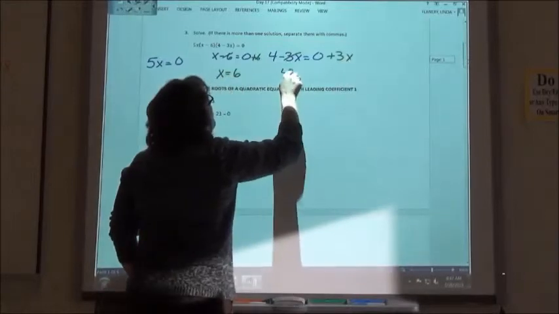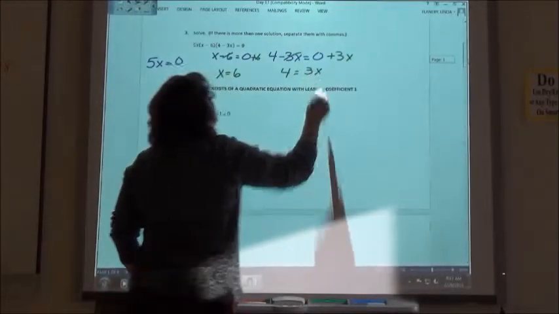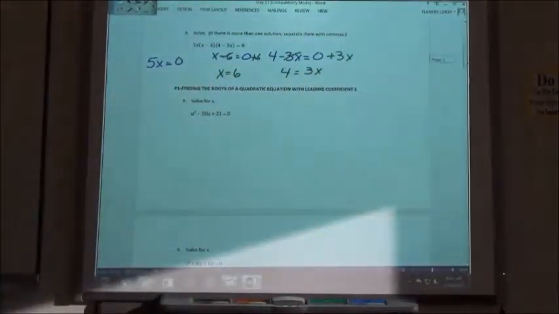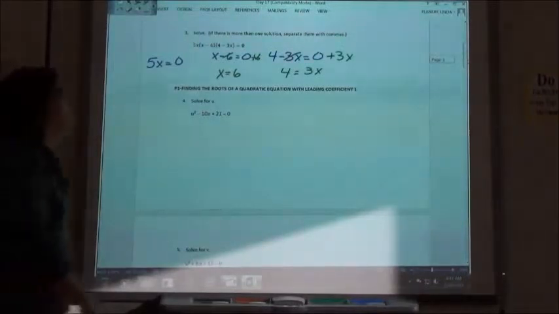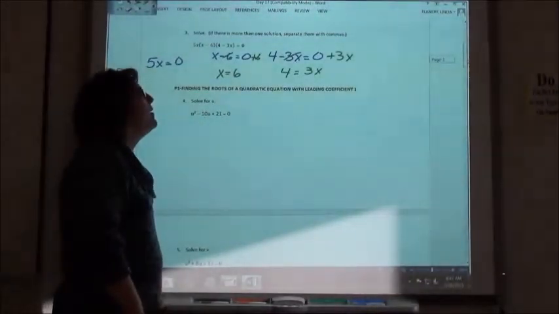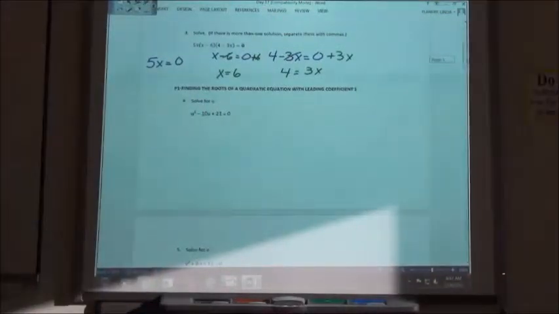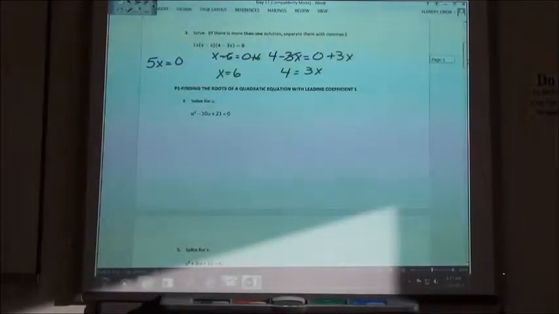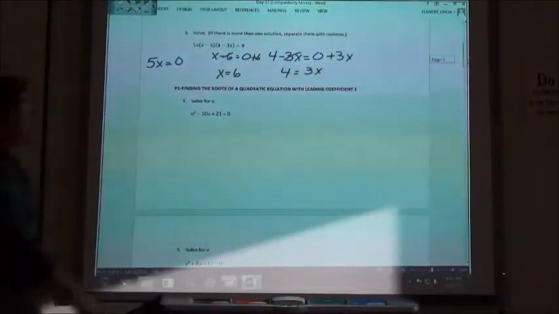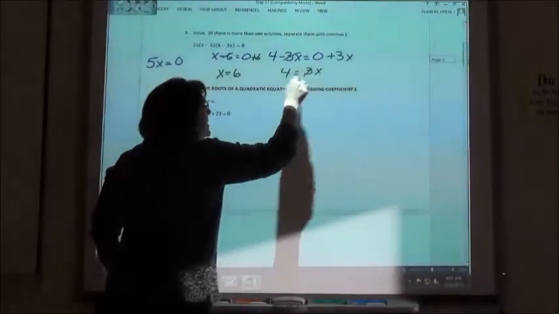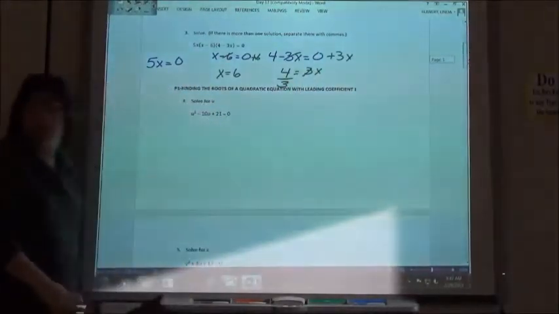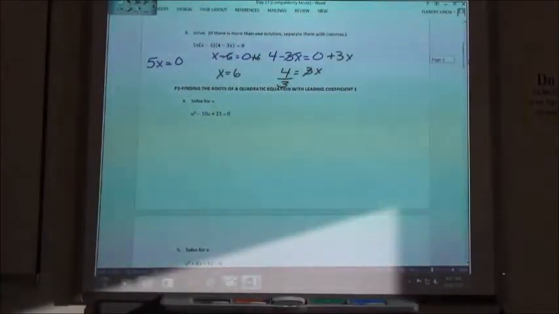So 4 equals 3x. And we divide by the 3, not the 4, because the 3 is in front of the x. We're dividing by the 3 because we're getting the x by itself, so the 3 goes on the bottom.